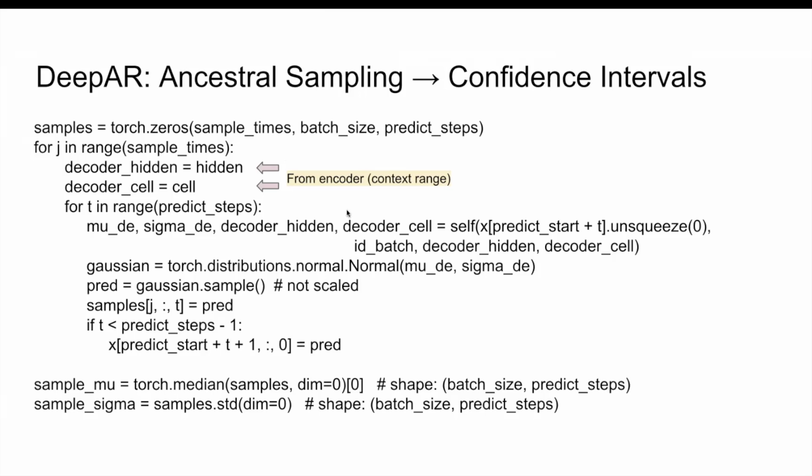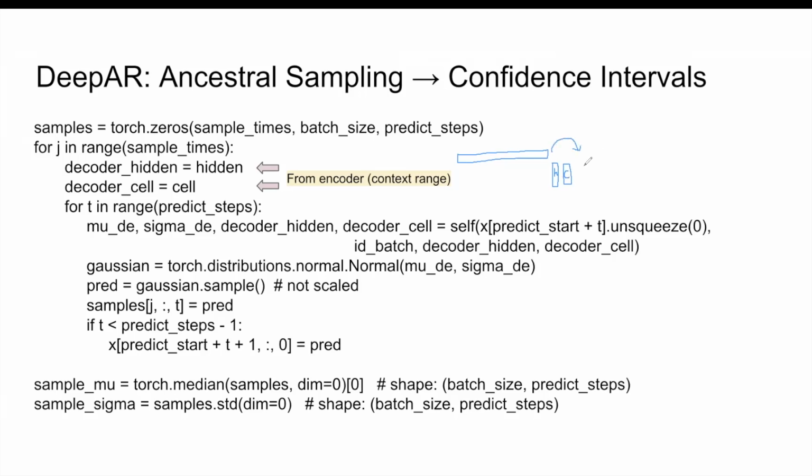Let me actually first draw a picture. If we already have this context range, we end up having those two memory vectors: this is our short-term memory vector H, and also a long-term memory vector C. And we want to predict into the future.